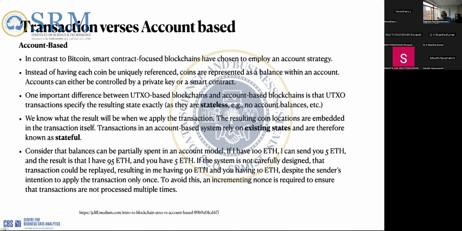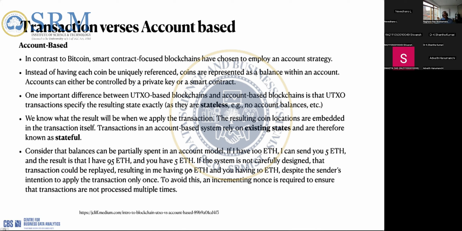But if the system is not carefully designed and the transaction could be replayed, for example if we don't take care of all the possibilities, like somebody rerunning or replaying the transaction, as in a double spending attack, then what happens? Since this is an account-based ledger, it will automatically deduct 5 more ethers and transfer them to the other party.